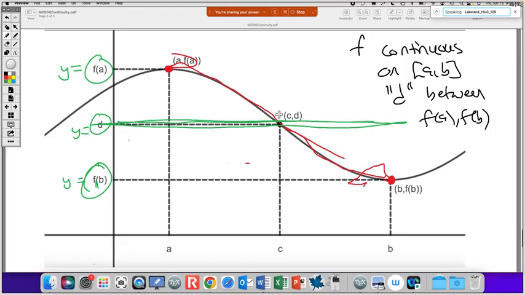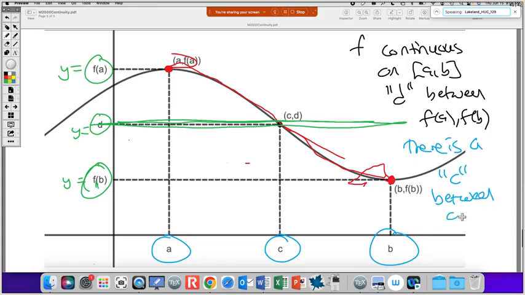At some point, you're going to have the graph cross that point. And then it will come from an intermediate x value. There is a c between a and b, so f(c) = d. So intermediate y values come from intermediate x values. That's the intermediate value theorem. It's working backwards. Intermediate y values come from intermediate x values.